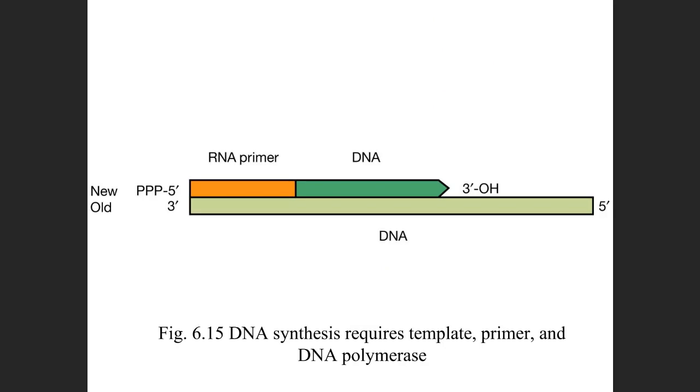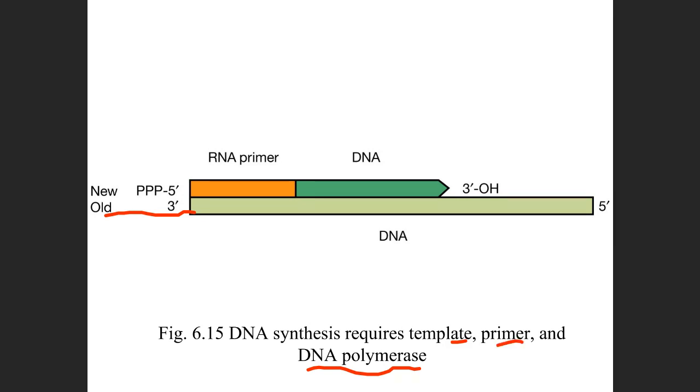Now, to understand the replication, you have to understand how new DNA is synthesized. The bottom is the old. The top is the new. The new DNA is synthesized by the DNA polymerase. And the DNA polymerase requires template and primer.